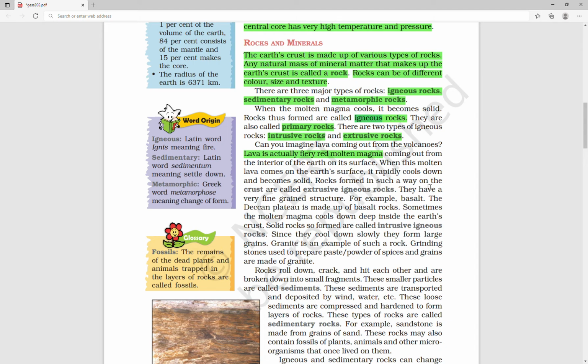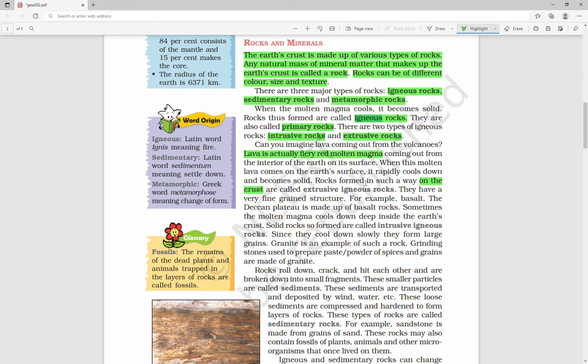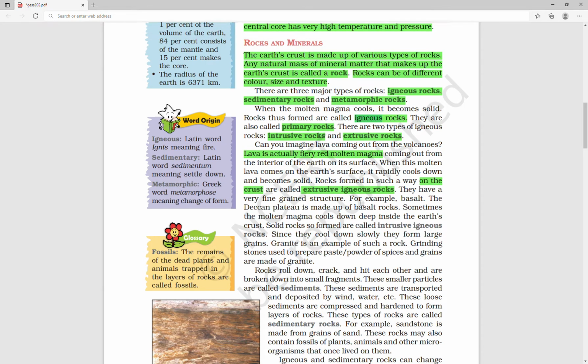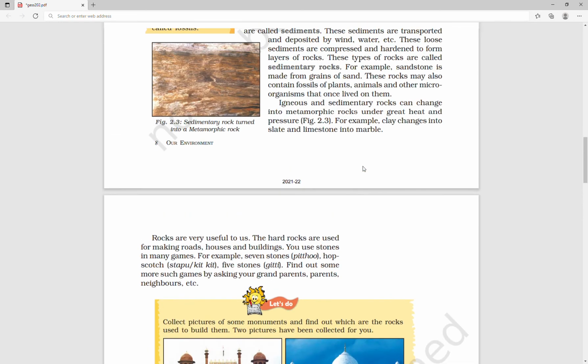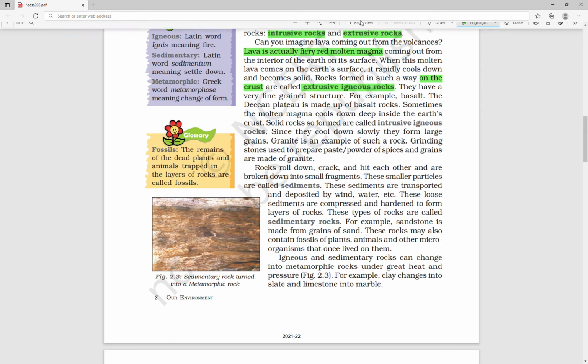Okay, in such a way, they form on the crust, or simply on the crust, and are called extrusive igneous rocks. Here it comes out, and on the crust it rapidly cools. Such types of rocks are extrusive igneous rocks.